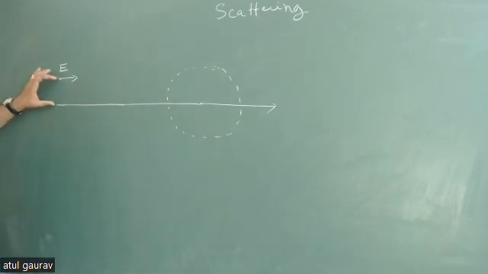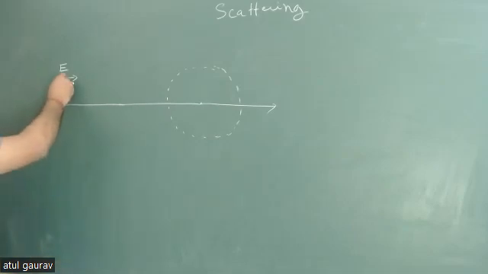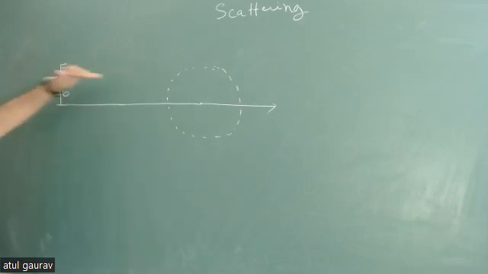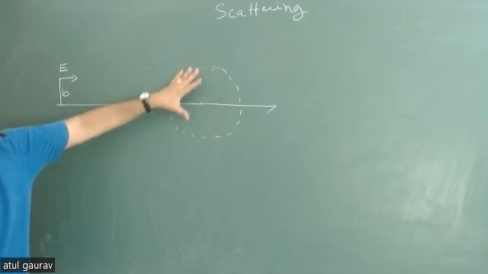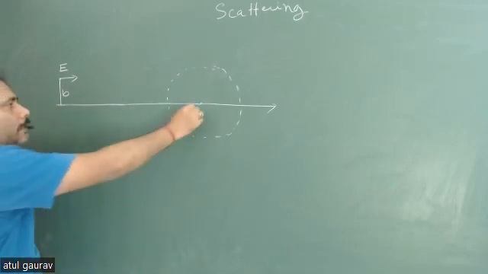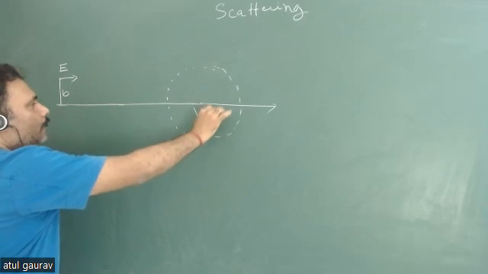And the perpendicular distance from the reference point, where the particle is just going to approach this particular potential, is b. Suppose here is my potential, let's say V(r).